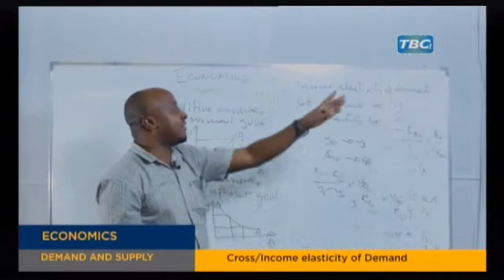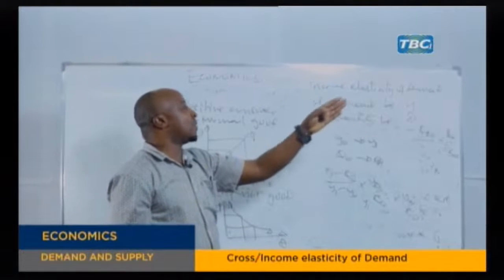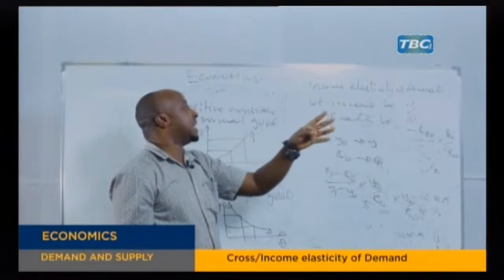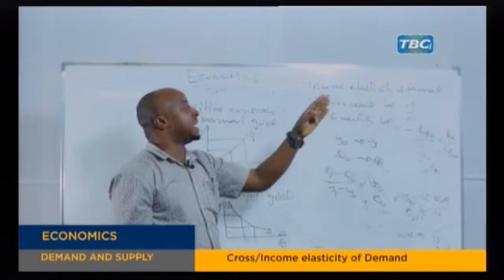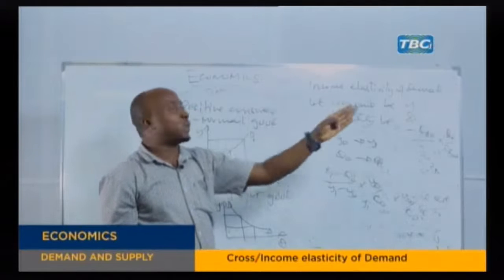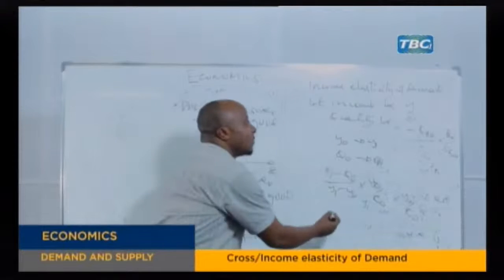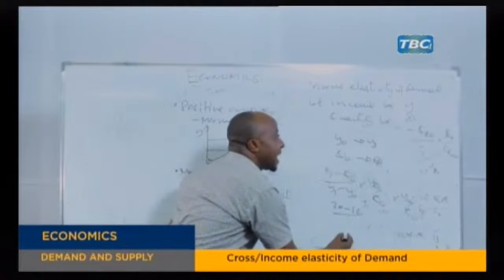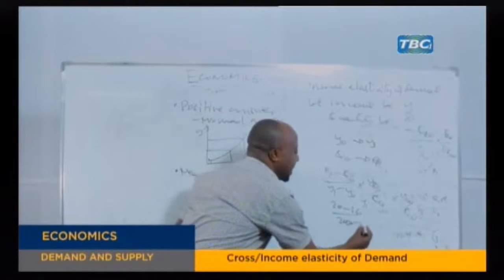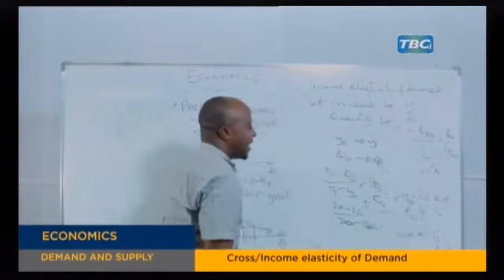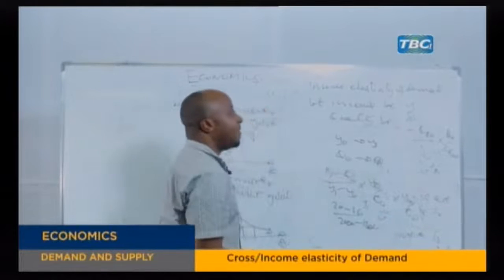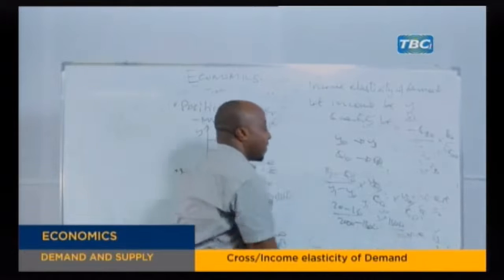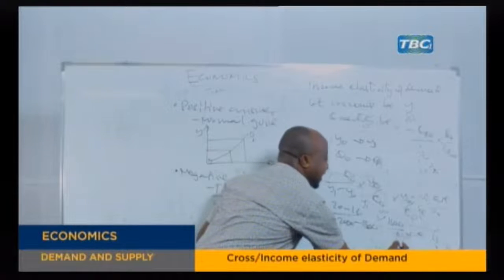As we said, income elasticity equals quantity new minus quantity previous, divided by income new minus income previous, times income over quantity. Now, if you enter those values, when the income was 1,500, it changed to 2,000. Then quantity of good B demanded changed from 16 to 20. So it will be 20 minus 16, divided by 2,000 minus 1,500, times the former income, 1,500, over the former quantity, which was 16.